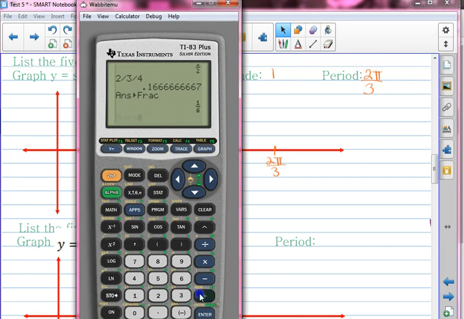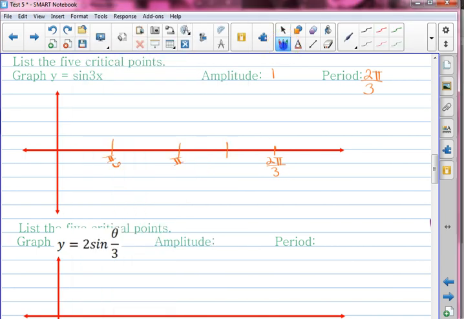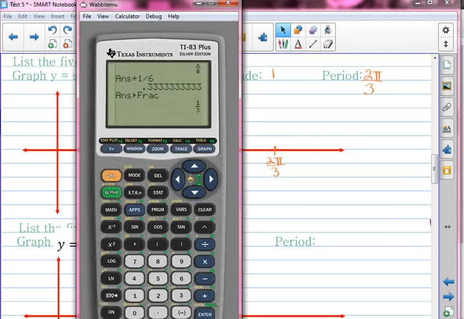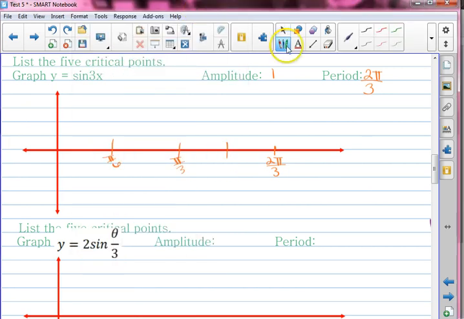So pi over 6 plus pi over 6 is pi over 3. And then pi over 3 plus pi over 6 is 1/2, or pi over 2. That's how you do it. Okay, my amplitude is 1, so this is 1, and this is negative 1.